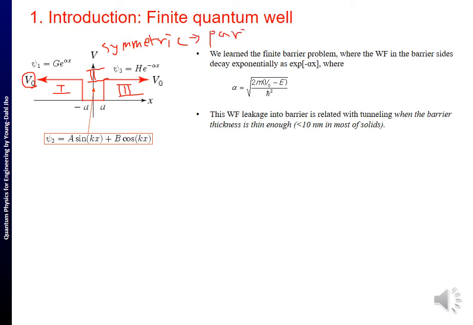In most cases in devices, we should consider the lowest energy state most importantly, because electrons will always prefer to be in the lowest energy state. So let's say we have the lowest energy state here, and then we consider parity: the lowest energy state will have even parity.